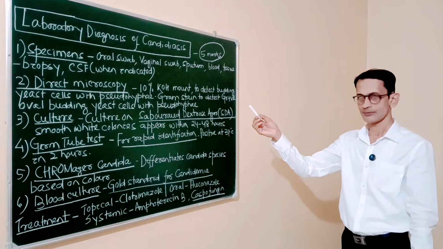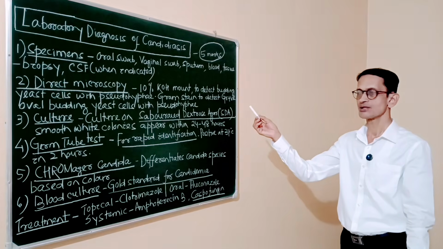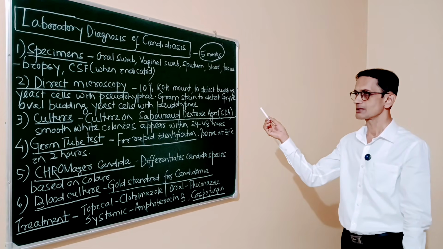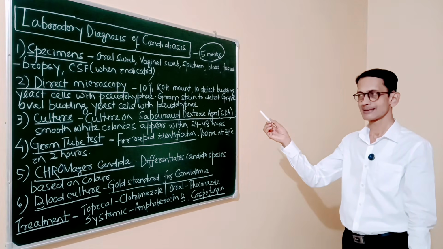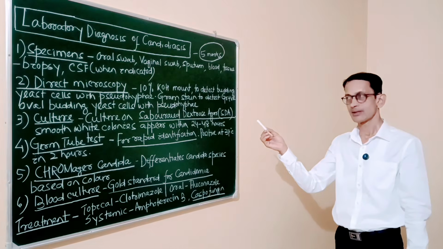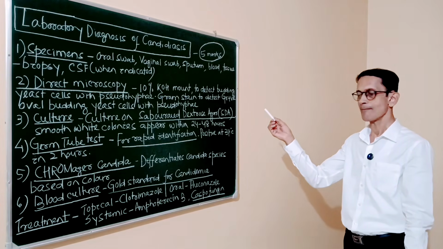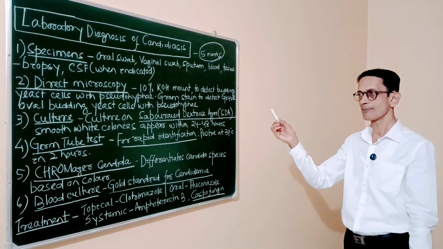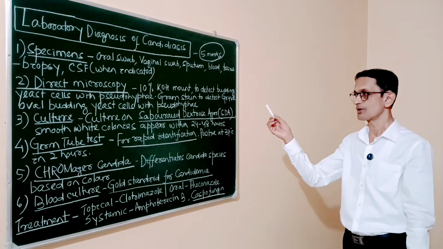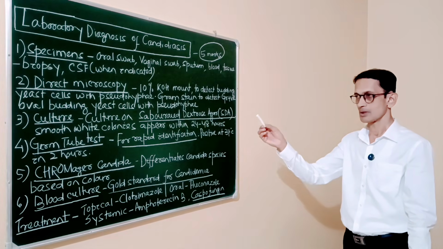Direct microscopy, 10% KOH mount to detect budding yeast cells with pseudohyphae. Gram stain is used to detect gram-positive oval budding yeast cells with pseudohyphae.